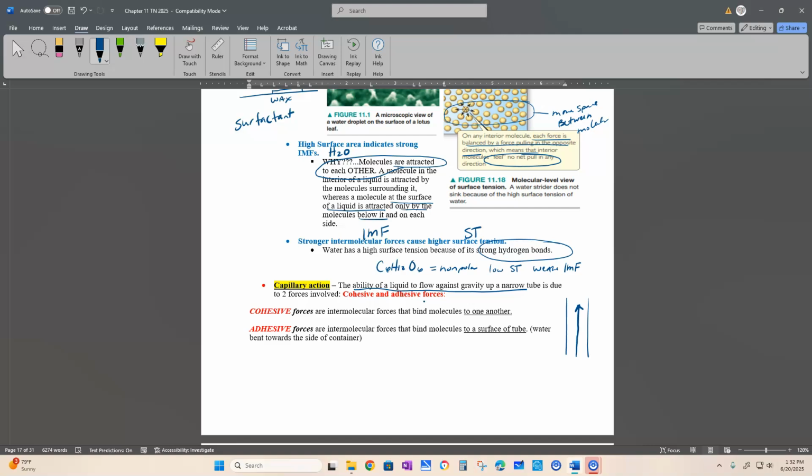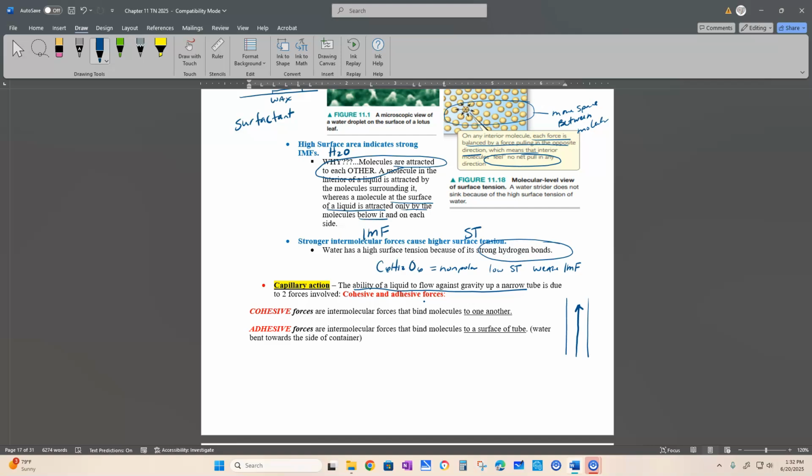I'll show you what they are. They're like the tiniest tubes you've ever seen, probably as thick as like a needle, okay? They're very, very thin. And if I'm trying to get the liquid to go against gravity, well, I have to talk about two forces that either bend the molecules a certain way or bend them in a different way.